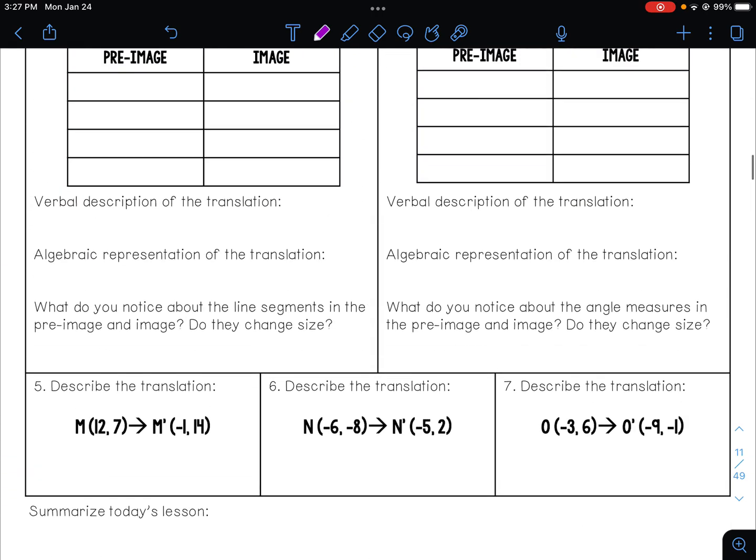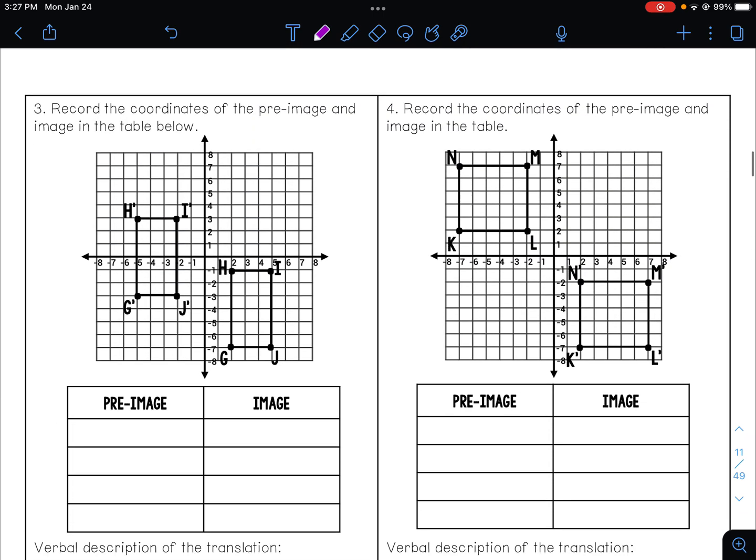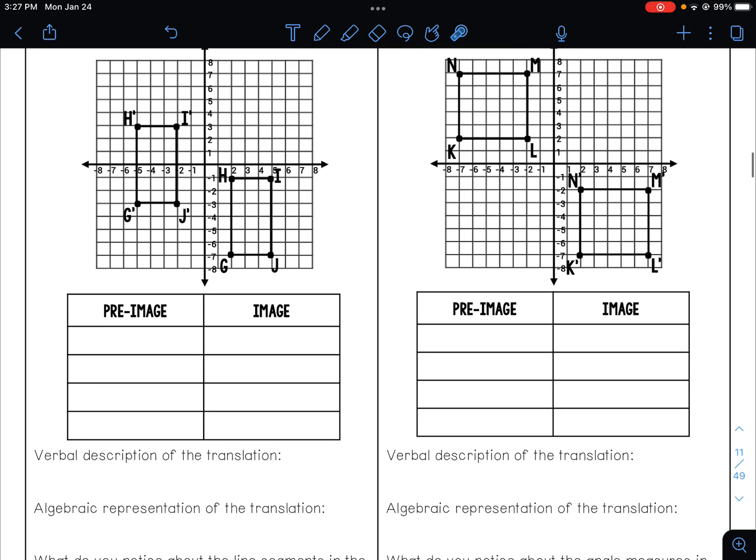Let's try 3 and 4. Record the coordinates of the pre-image in the image below. All right, the pre-image, remember, is the original, no primes. So I guess G should probably go first. We're going alphabetically. G is 2, -7.